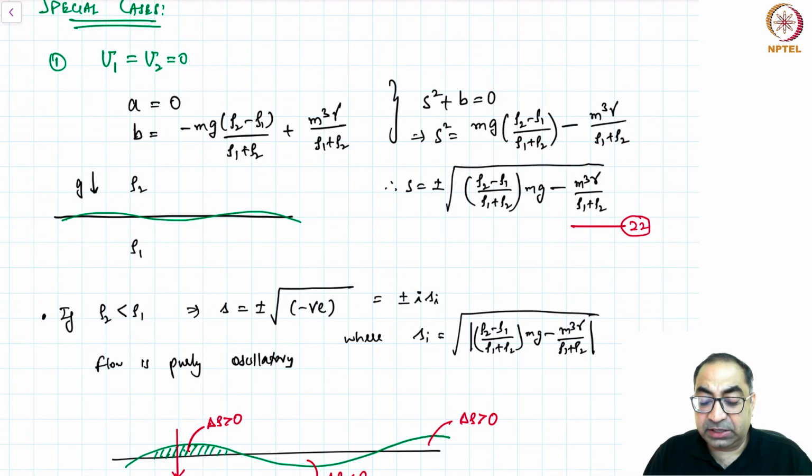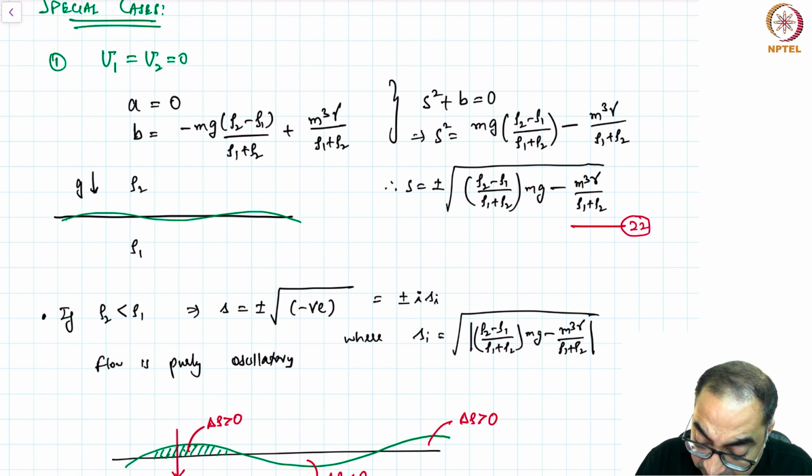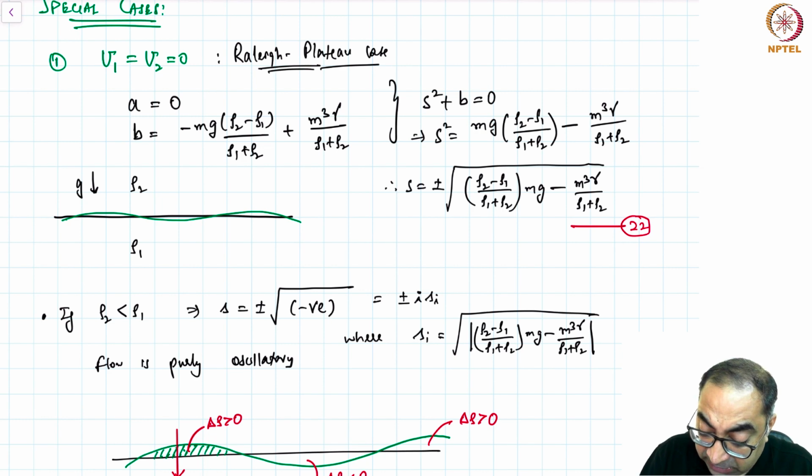So instead, start looking at special cases. Special case 1 is where there is no motion, no velocity at all. This is the Rayleigh-Plateau case. I'm calling it a case because it's not necessarily unstable.